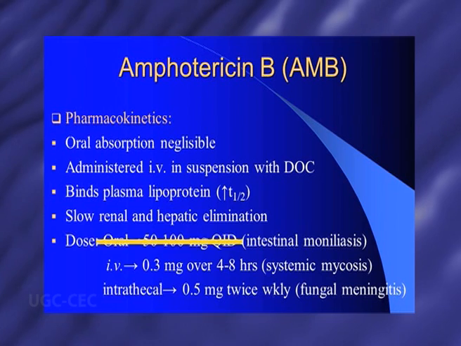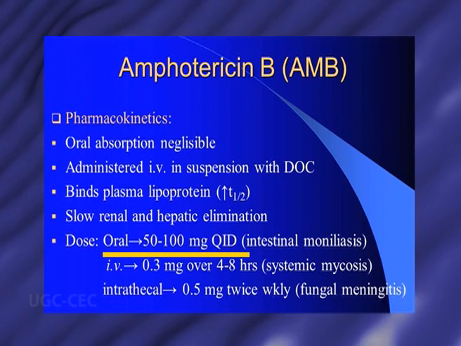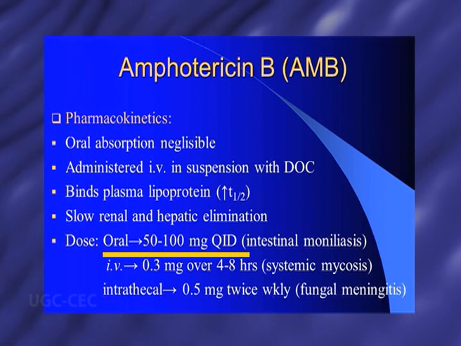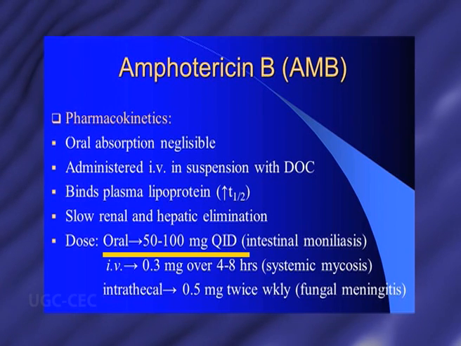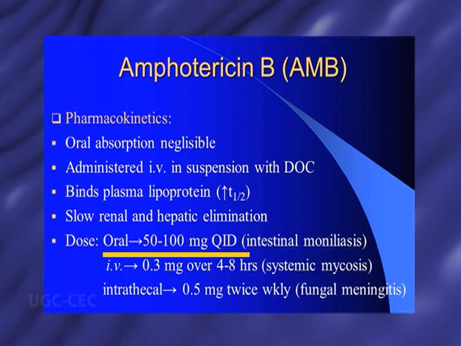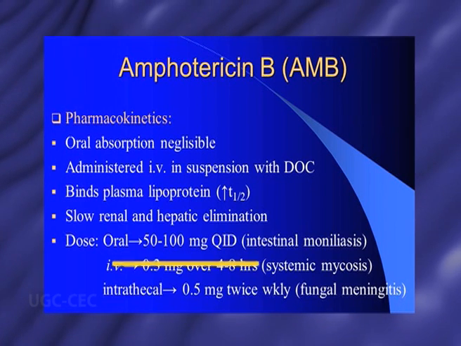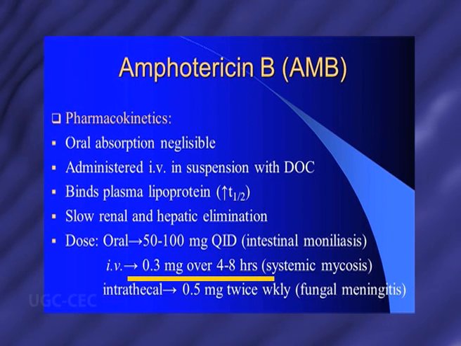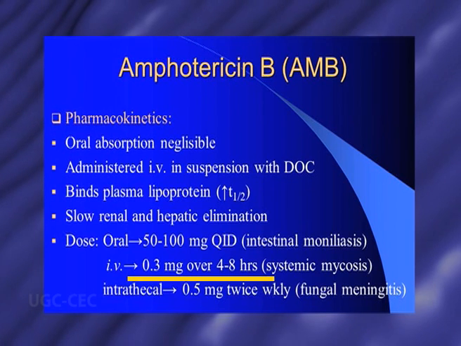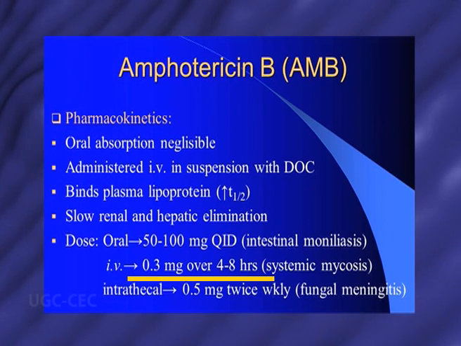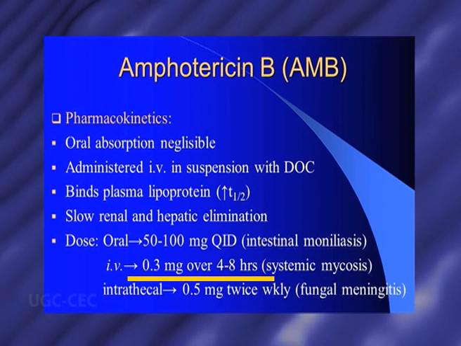As for dosage of the drug, for intestinal moniliasis, the drug can be administered orally, as the site of infection is in the GI tract. In this situation, the dosage is 50 to 100 milligrams 4 times daily. For serious and systemic mycosis, intravenous administration is warranted at a dose of 0.3 milligrams over 4 to 8 hours.